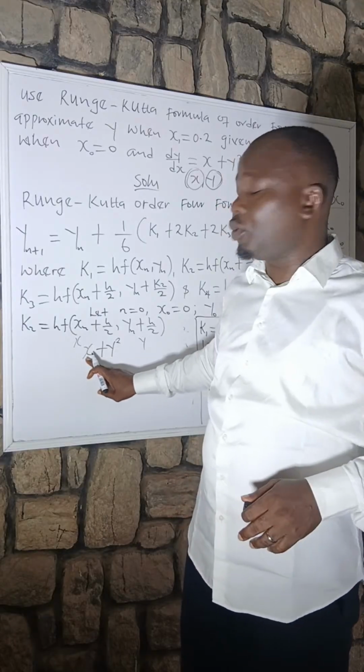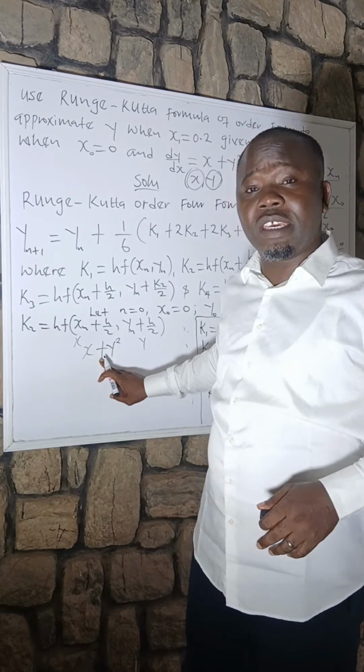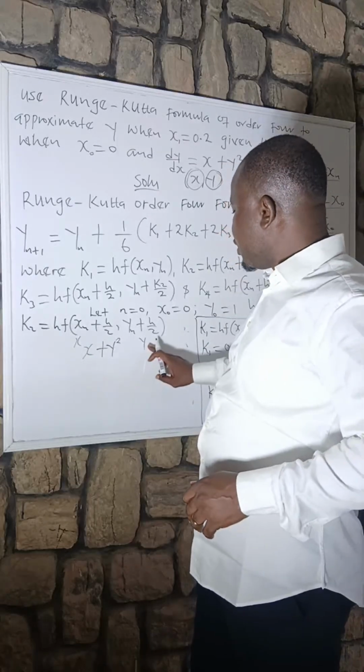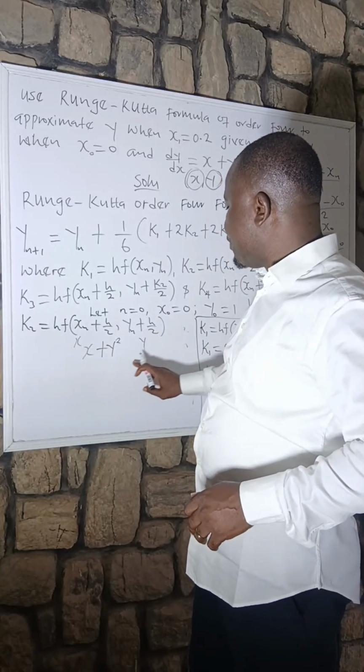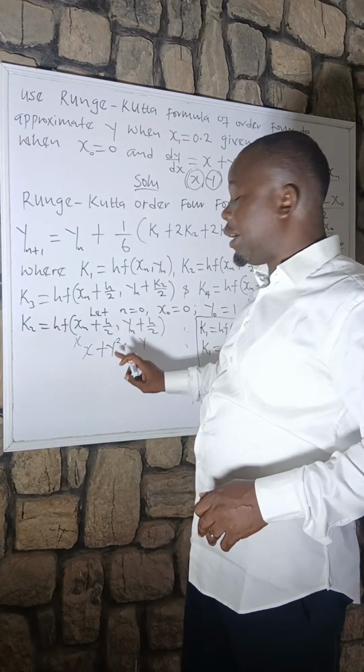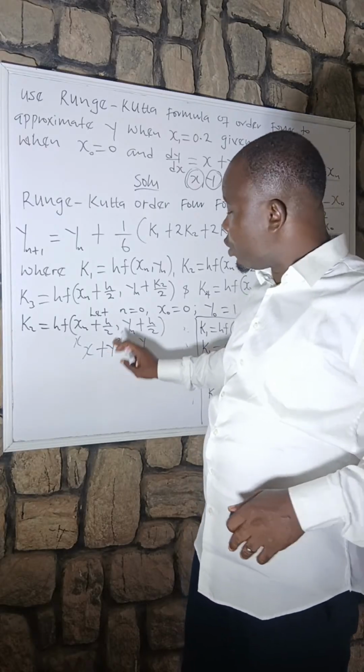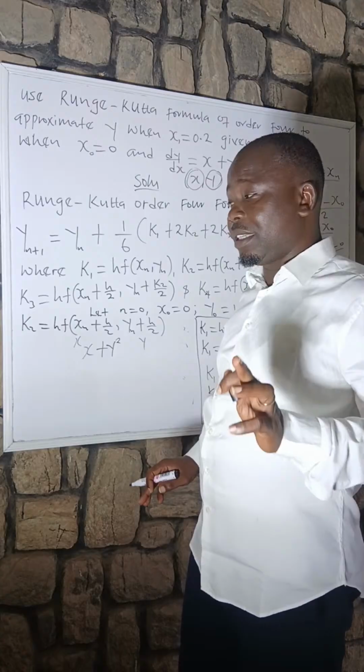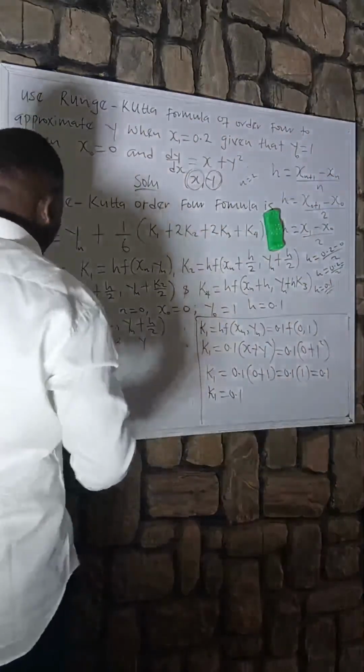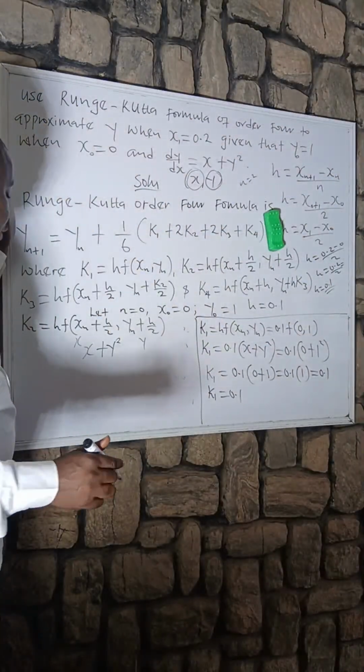So what you need to do is, any value here, you write the value. If it is 2, you write 2. The operation here is plus. Then if it is 3 here, mind you, Y is raised to power 2, so take note of that. Is that clear? So let us go ahead and do the arithmetic.